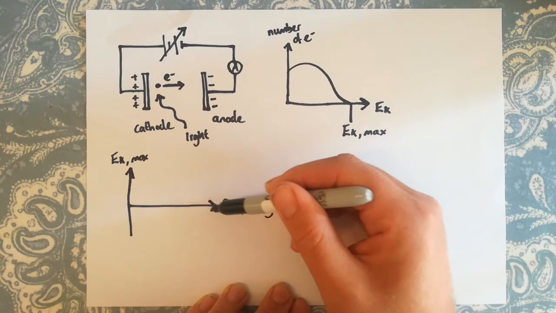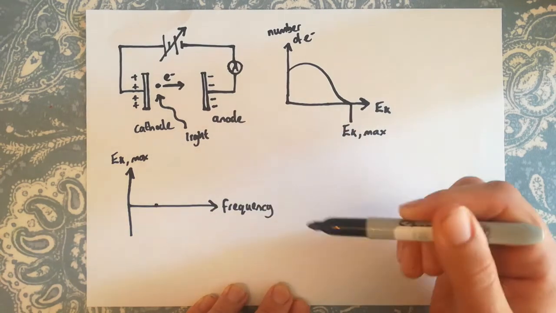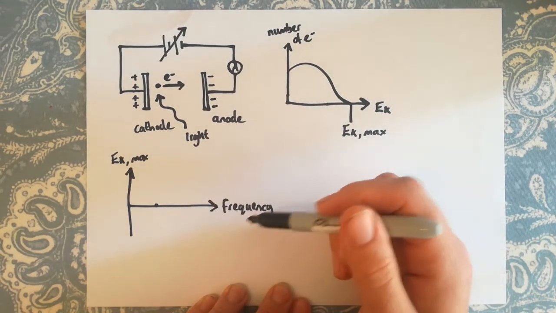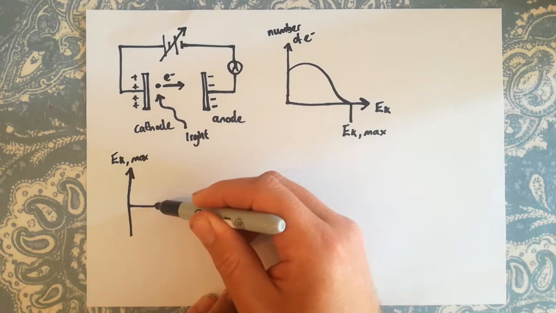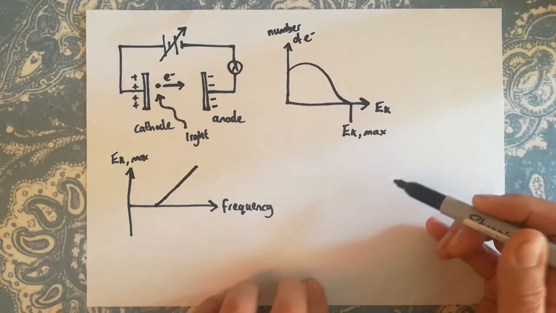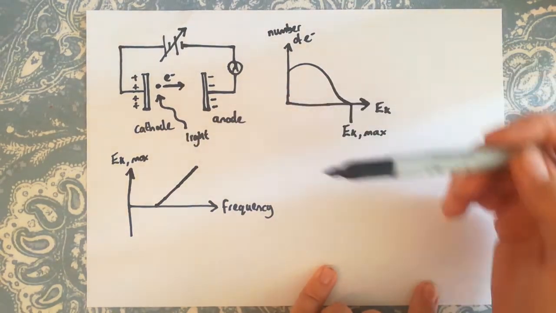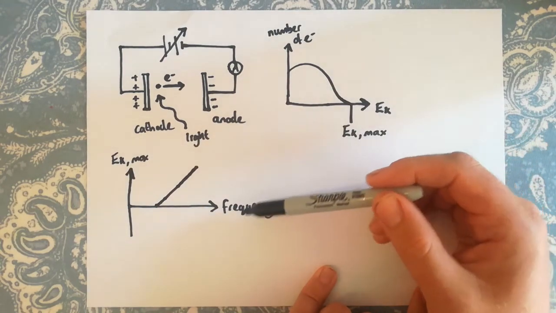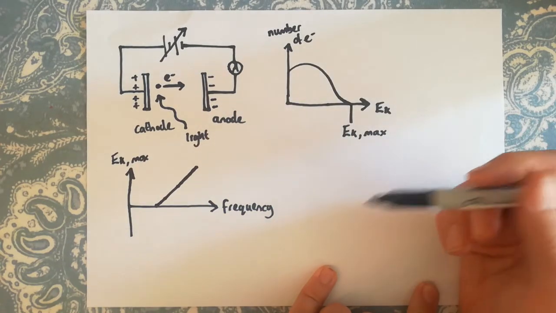As we increase the frequency, we get to what's referred to as the threshold frequency, where we start seeing electrons emitted. Once we start seeing electrons emitted, as we increase the frequency further, we see a linear relationship between the maximum kinetic energy and the frequency of light that we're shining on the surface.